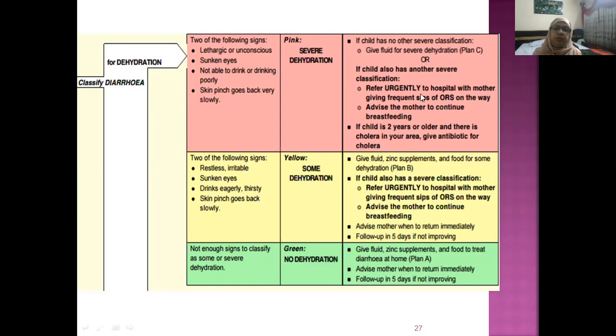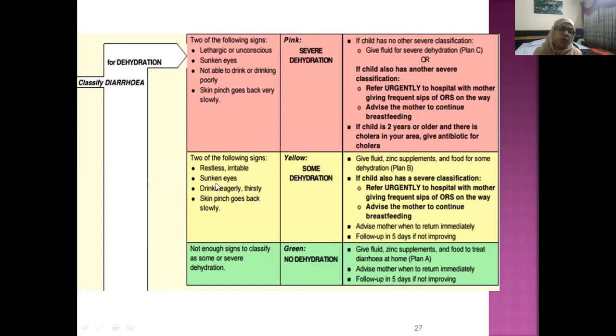Refer urgently to the hospital, and advise the mother to give frequent sips of ORS on the way to the hospital, and to continue breastfeeding if the baby can feed properly from the breast. If the child is 2 years or older and there is cholera in your area, then give an antibiotic before referral to the hospital. So you have to remember these 4 signs for severe dehydration.